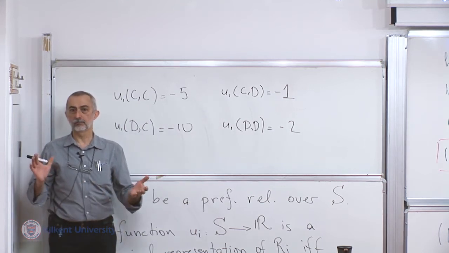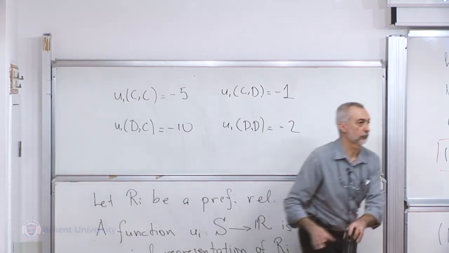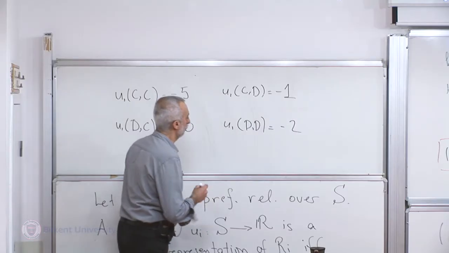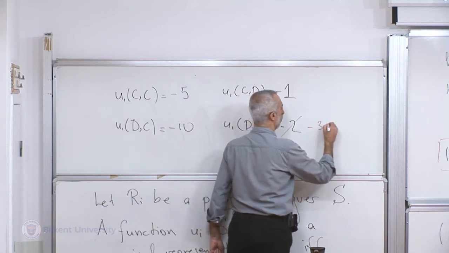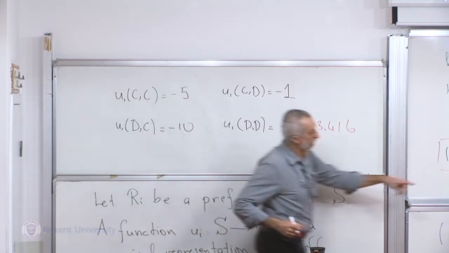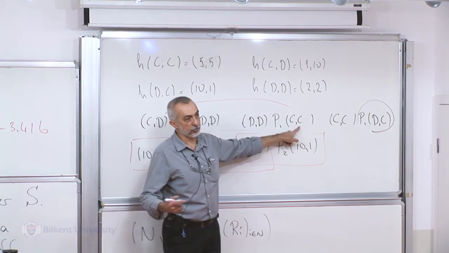Any questions? Yes, sir. So we could have, for example, rather than minus 2 here, written minus 3.416. The key here is that DD is worse than CD and better than CC for player 1.